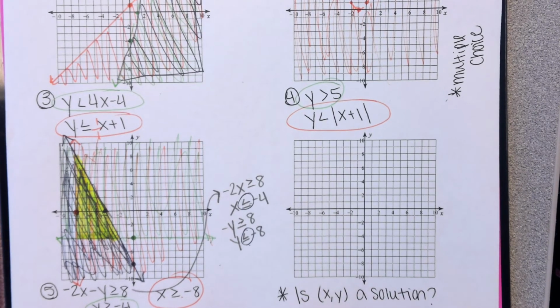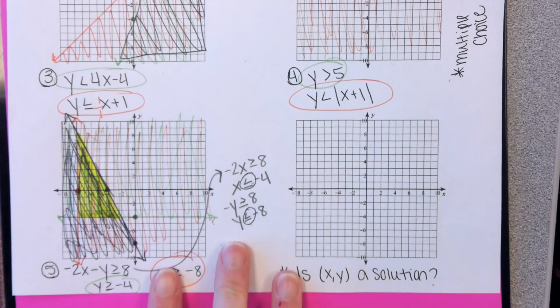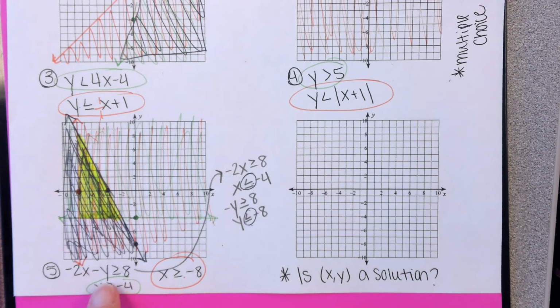Okay, so what you're going to need to do on this problem is all of the lines should be correct. You're just going to have to look for the solid and dotted and think about where the shading would be for each line and pick the one that fits it best.